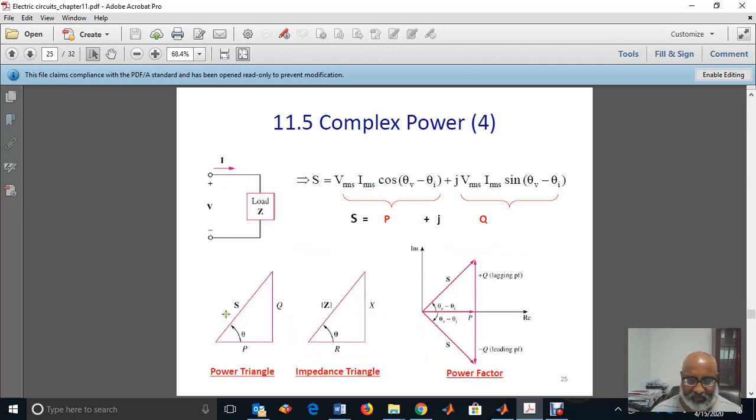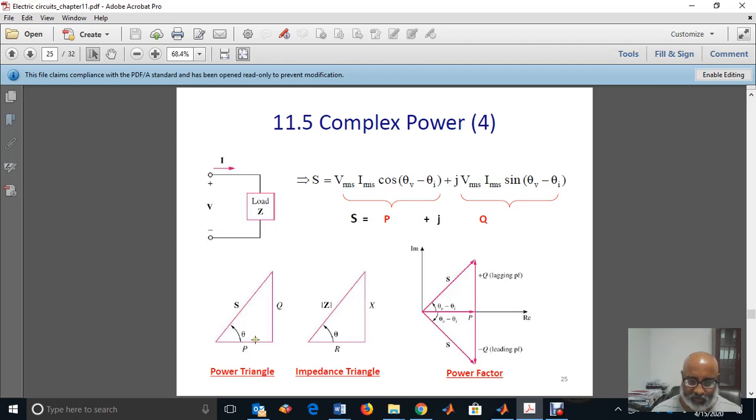Now, this is a vector representation, how we represent it in vector form. For example, the x-axis is the real power, P, and the y-axis is the reactive power, Q. So we have a right angle triangle here, and the hypotenuse is the apparent power S. And remember, S cosine of theta will give me P, the real power.